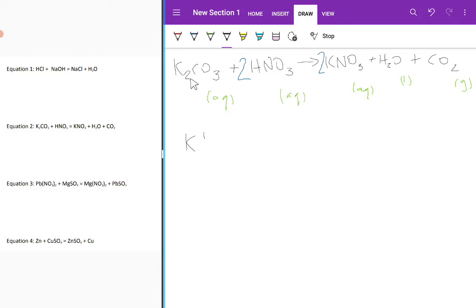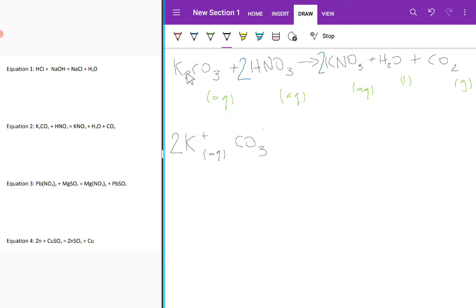The potassium ion is K plus. Please do not put the 2 right there. Do not do that. The way to show that you have two potassium ions is you put the 2 in front and you put the state for the potassium ion. So you have two potassium ions in aqueous solution.